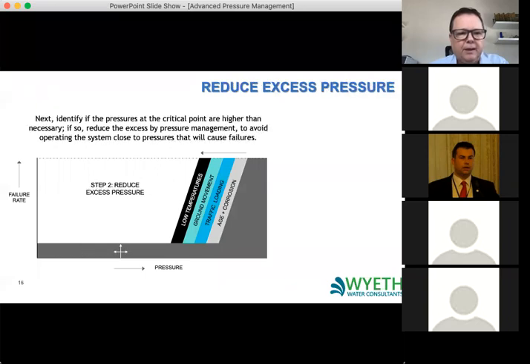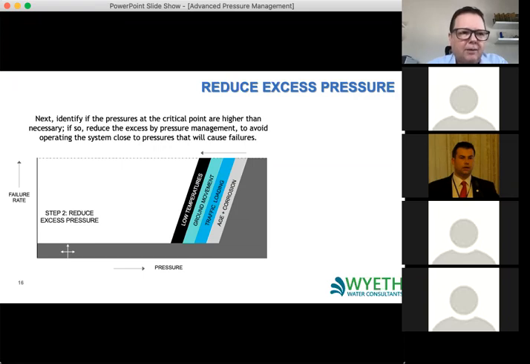And then the next thing is to actually reduce our excess pressure. Do we really need 6 bar pressure feeding into this area? Or can we reduce that from 6 bar down to 2 bar or 3 bar? So we need to be looking at our pressures and see, do we really need to be supplying 6 bar pressure to a housing area where the highest house is only 2 stories?